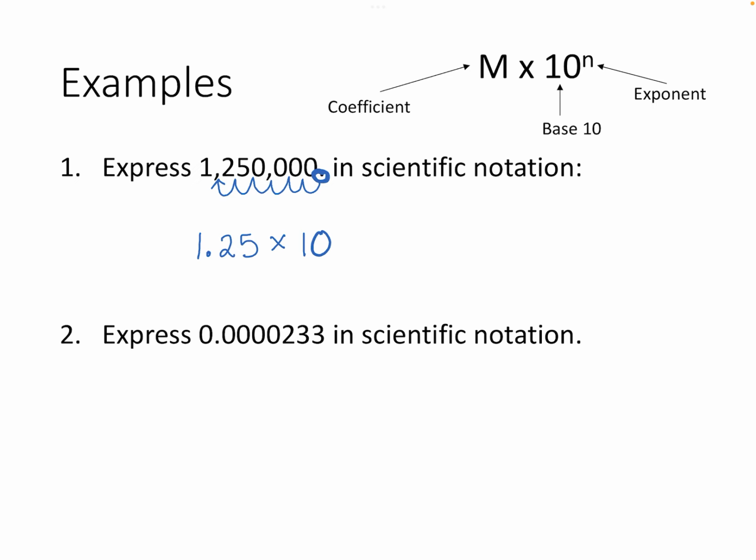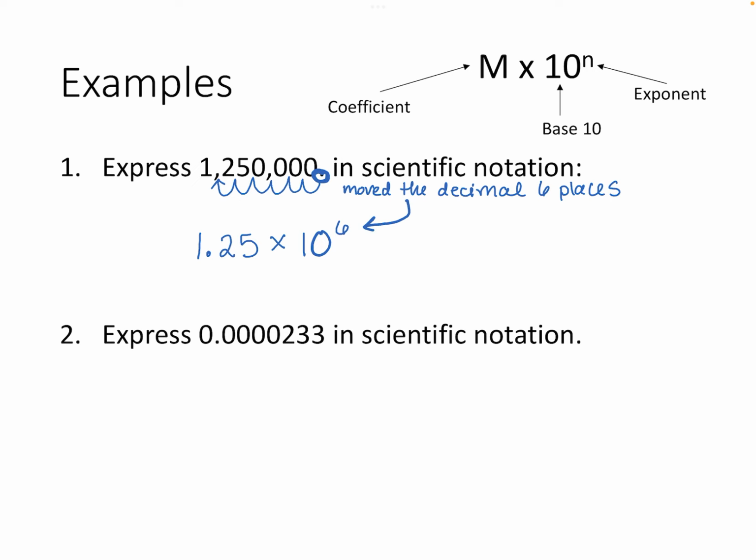Now, I just moved that decimal point 6 places over in order to get my coefficient. So that means my exponent is 6. So I moved the decimal 6 places. And so that gives me my exponent.